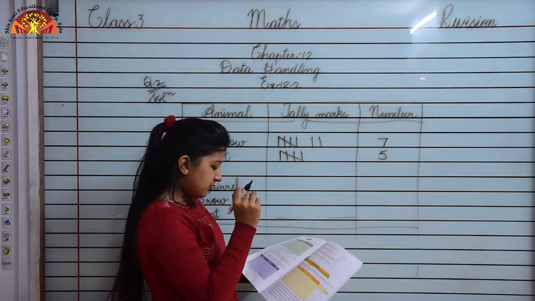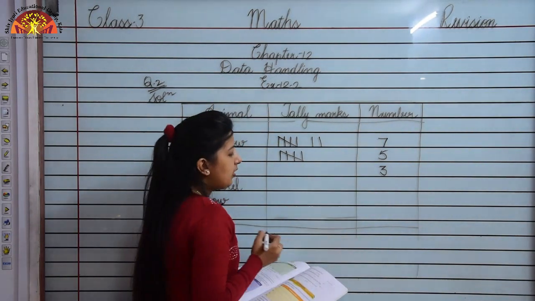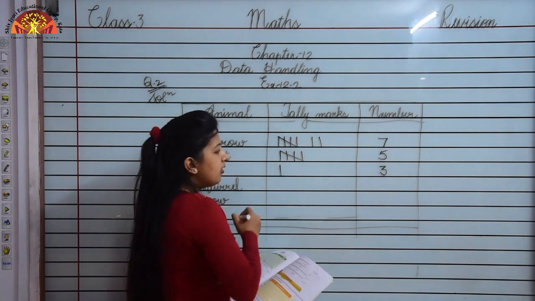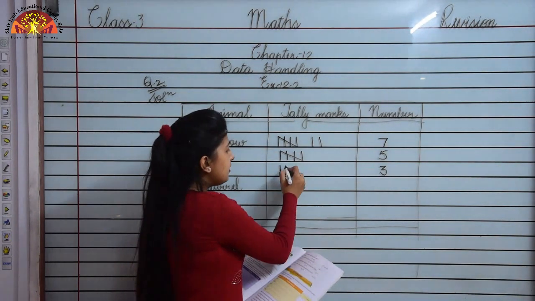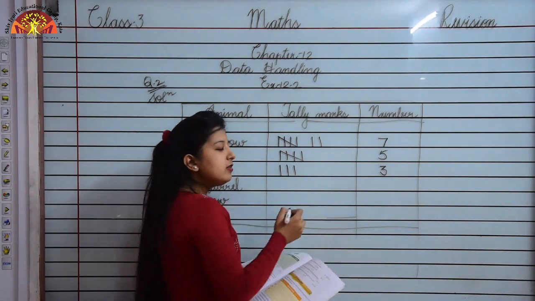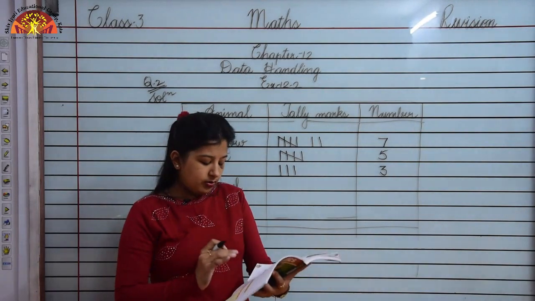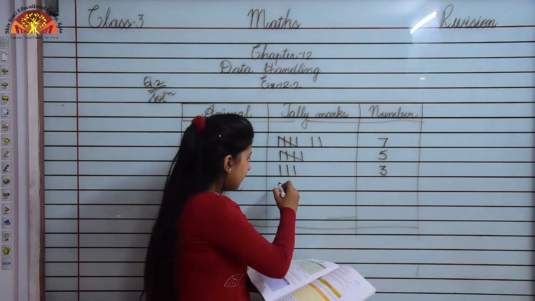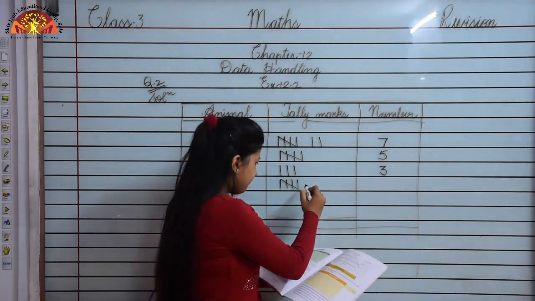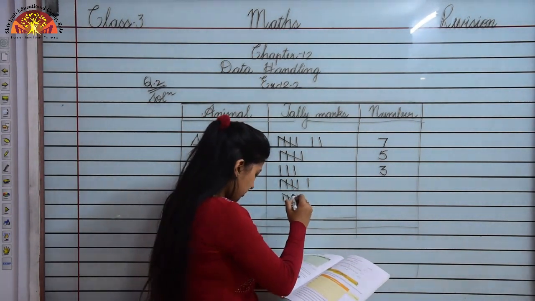So the number of dogs is 3. Now we will draw the first vertical line for the first observation, the second vertical line for the second observation and the third vertical line for the third observation. So in this way we will do the rest of the tally marks.